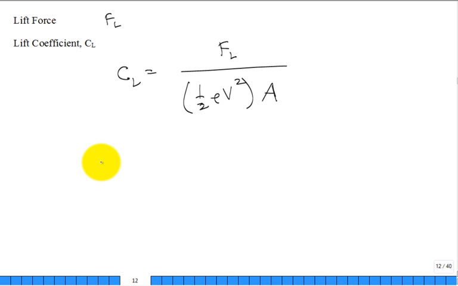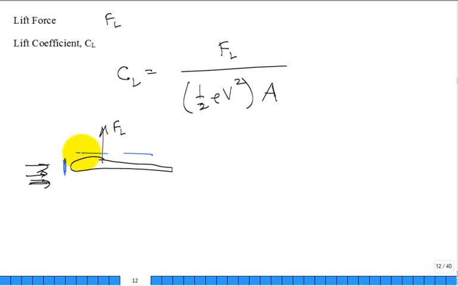Well, if my object is made for lift, it's usually very streamlined. True? And think about a wing, right? It's very streamlined, and I want it to generate, here's the flow direction, a large lift. So would it make sense to use some silhouette area, or would it make sense to use some area that is perpendicular to the direction of lift?